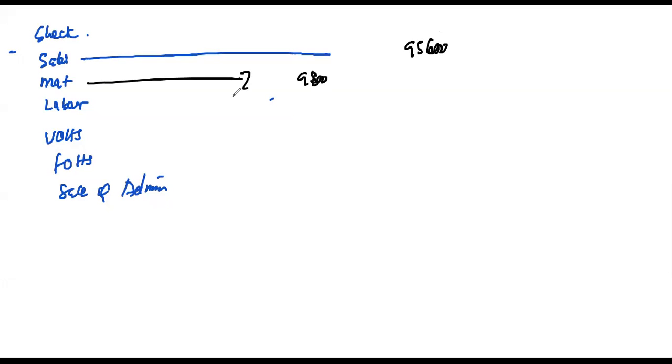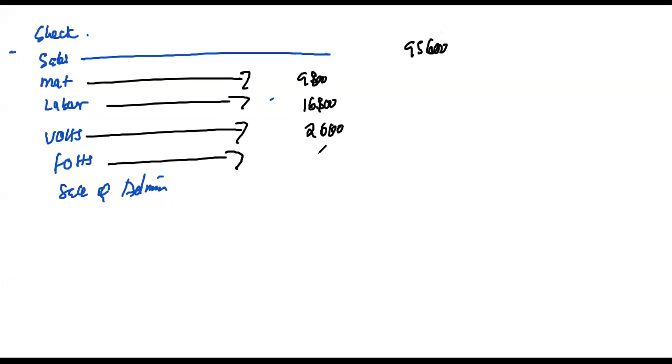Cost for labor? 16,800. Variable overhead costs, these figures are given in the question, 2,600. What are the fixed overhead costs? They are given as 42,300.